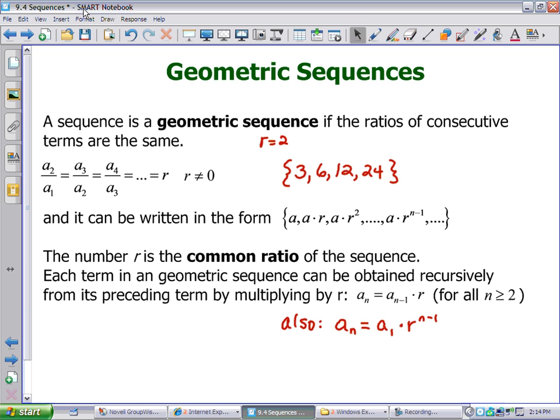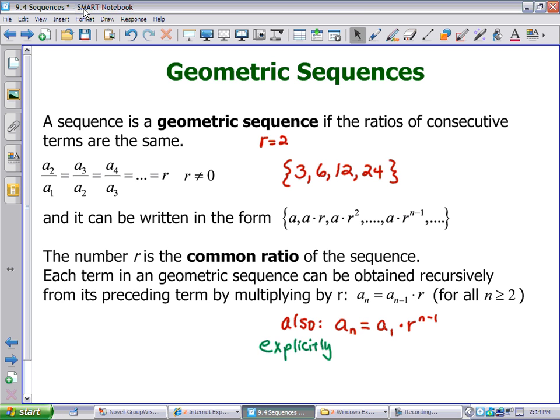Well, that was recursively. Explicitly, we can define the sequence as a sub n equals your first term, a sub 1, times your common ratio r raised to the power of n minus 1.